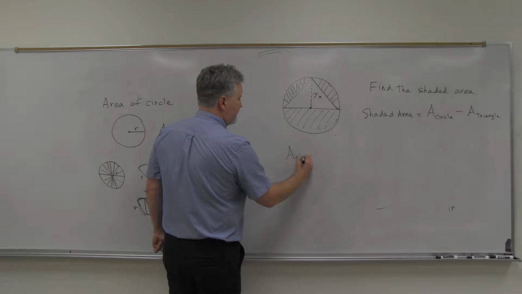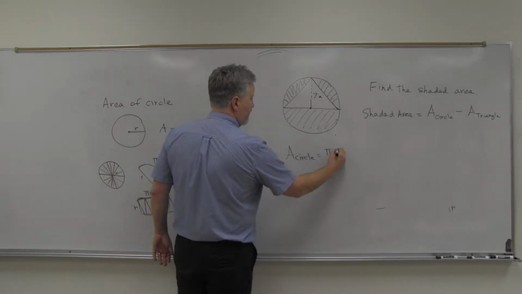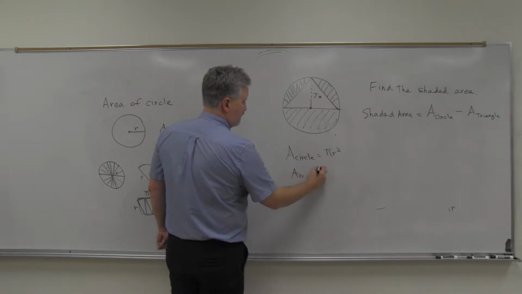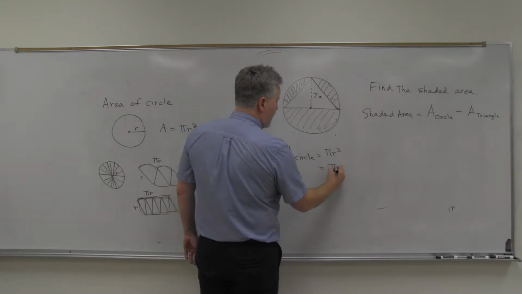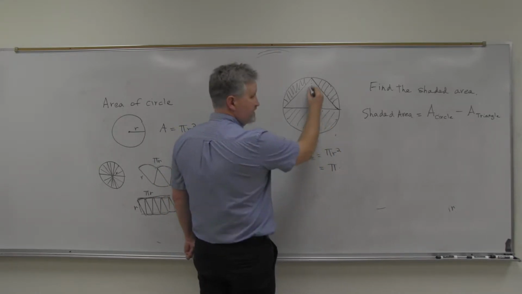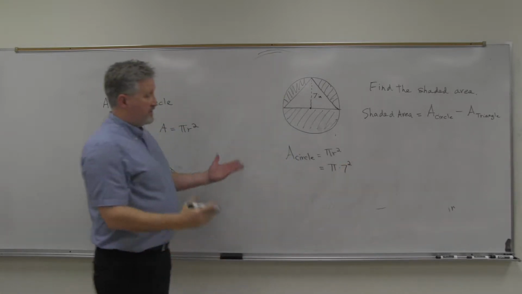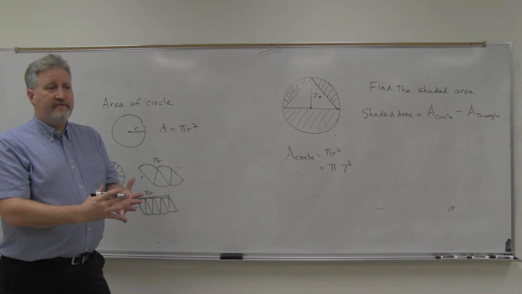So, if I get the area of the circle here, which is, we just talked about it, pi r squared, what have I got there? Pi times, here the radius is 7. So it'd be pi times 49. Now, if you use your pi button, that's fine.